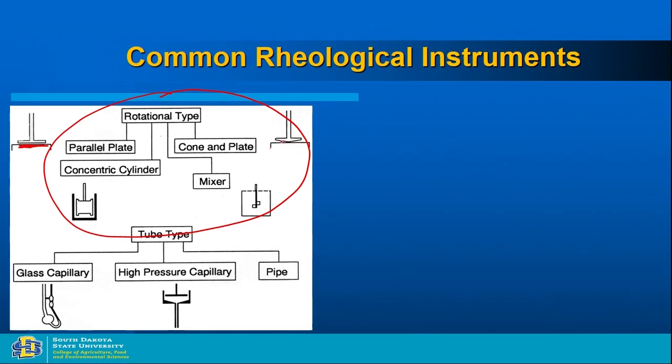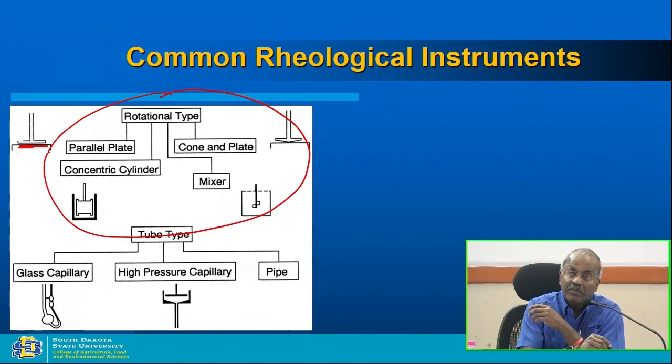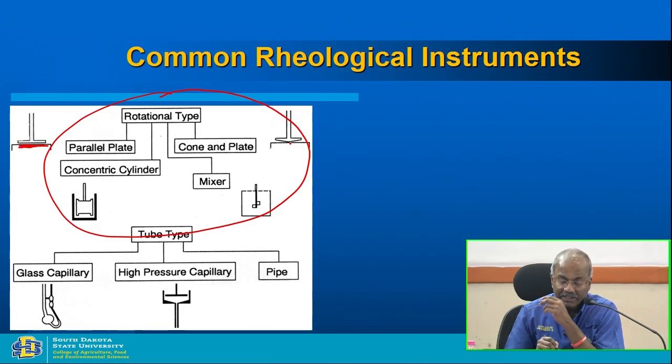The issue here is slippage. Sometimes your sample may slip out of the plate, so you may not get quality data. But with cone and plate, you will get quality data because there is good contact between the cone and your sample.